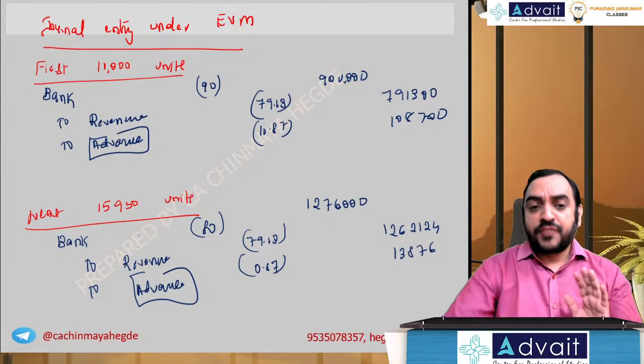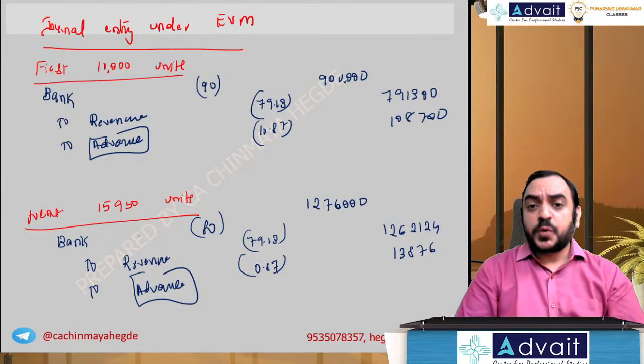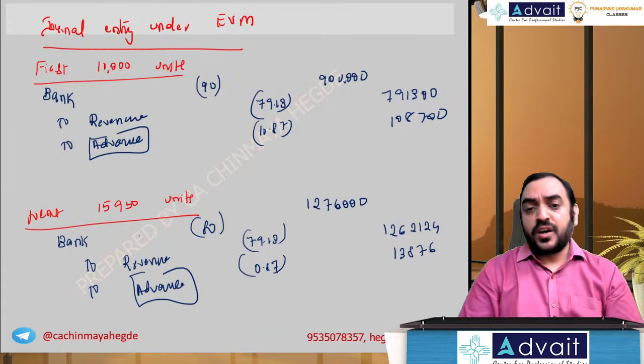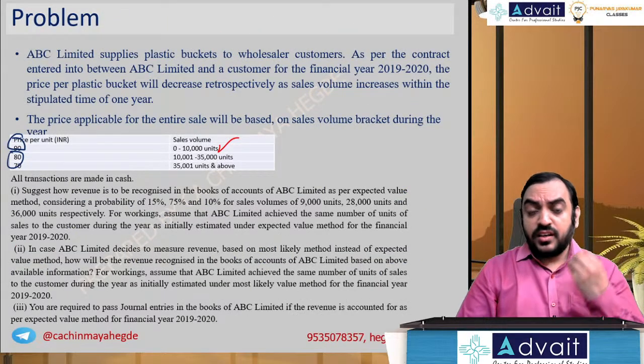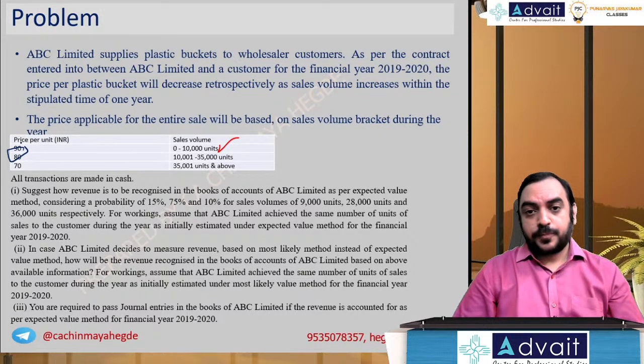Okay, now think fresh. What is the revenue we have recognized on an average per unit basis? 79.13. We have recognized revenue so far 79.13. But what is the true revenue to be recognized? When you sell the 25,000 odd, it is going to be 80 rupees.